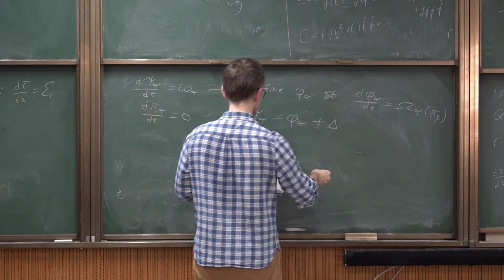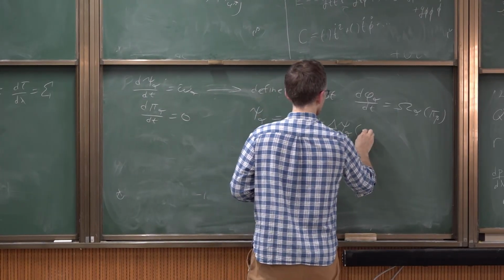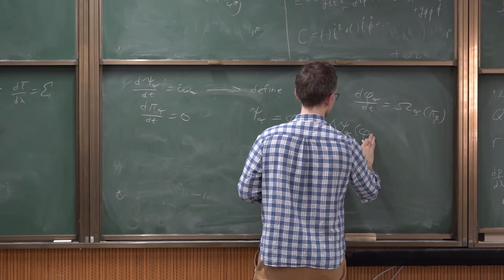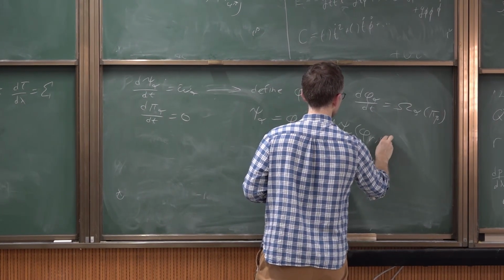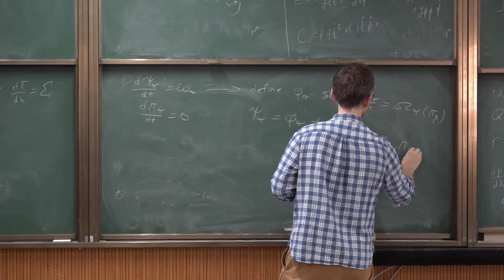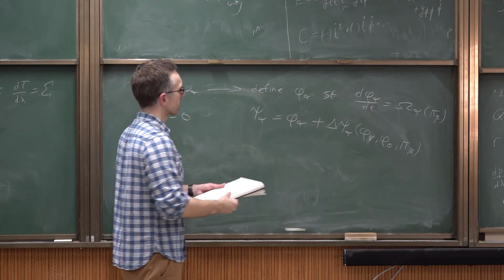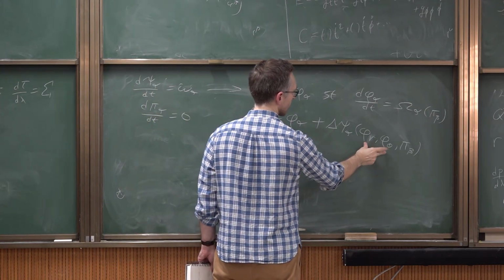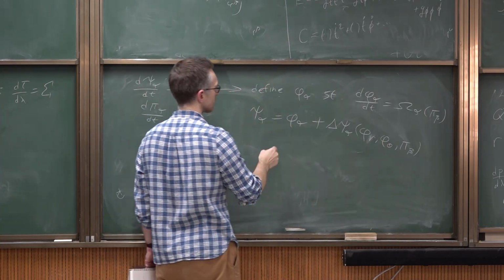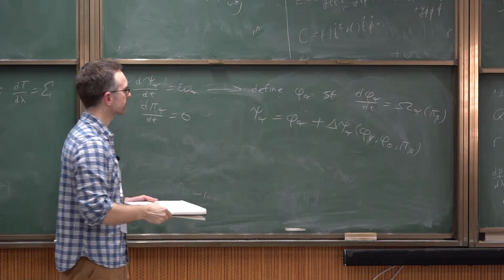So I'll write that oscillatory piece as δψ_α, which will only depend on Φ_r and Φ_θ and the constants of motion. And this I want to be perfectly periodic, so that if I average away oscillations, the average of ψ gives me curly Φ.